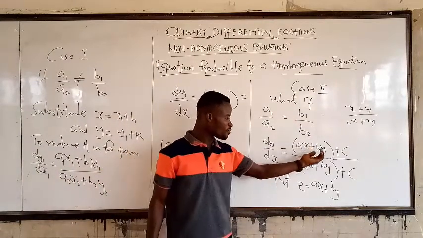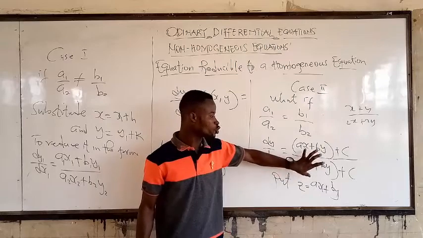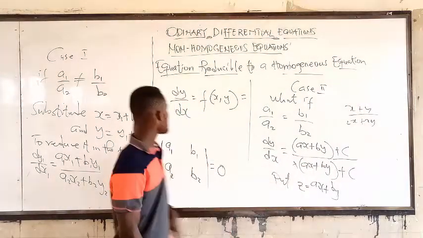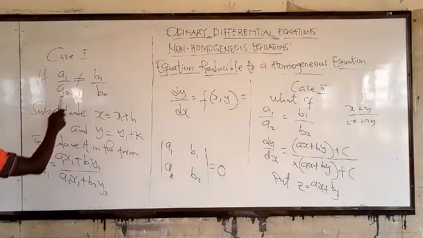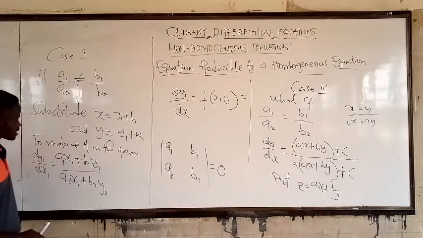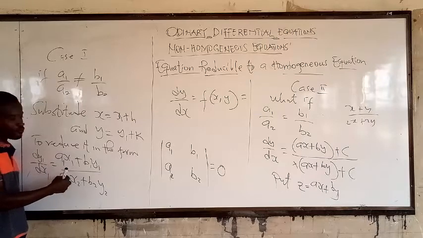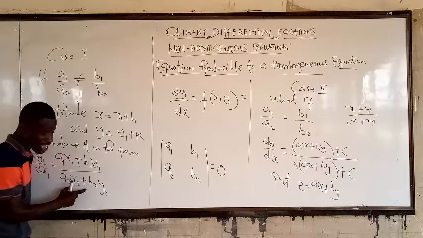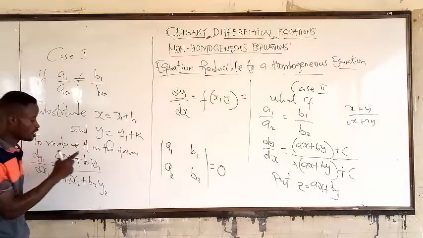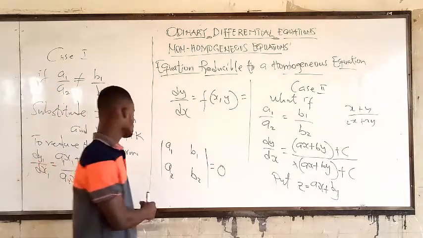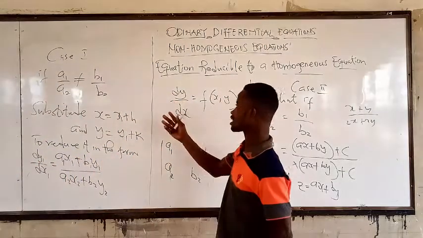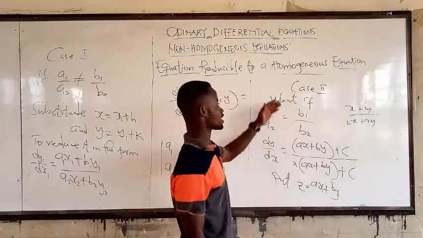That means that we can factor something out and do a substitution to this. But if this is not equal to this, in other words, you can never do any factorization here for the numerator to be the same as the denominator. So that's that for that. So this is for the case 1. And that is for the case 2.